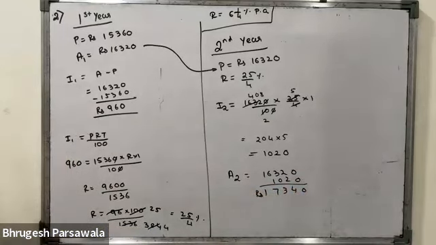The answer is 17,340. Hope you are comfortable with this particular type. Amount at the end of the first year is given.